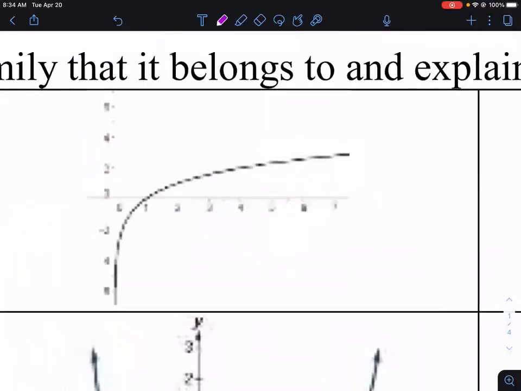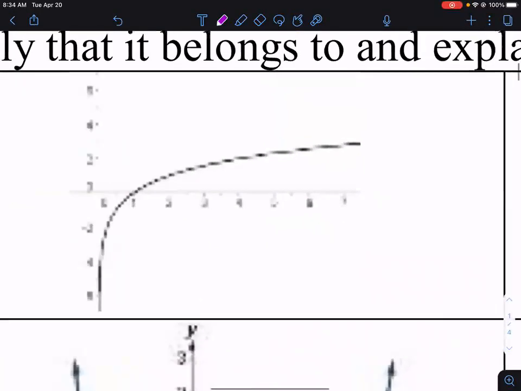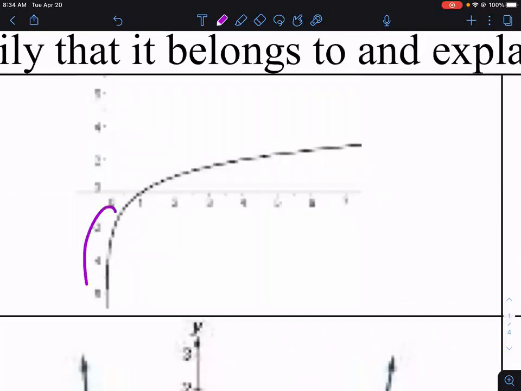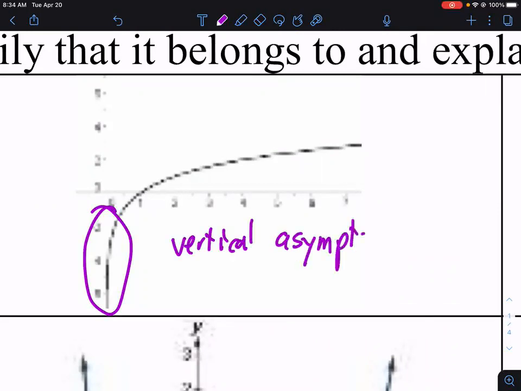Again, sorry, it's a little blurry on the PDF. But you can maybe tell it's got a vertical asymptote on one end. And then over here, this is not a horizontal asymptote. It's not flattening out. It is slowly going upward.